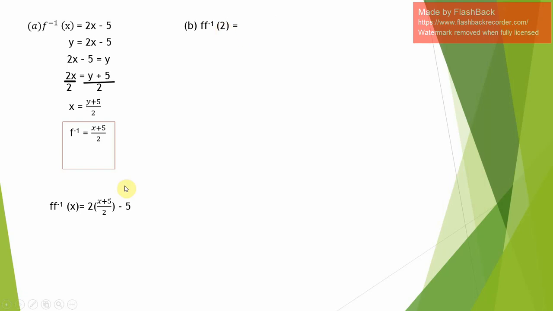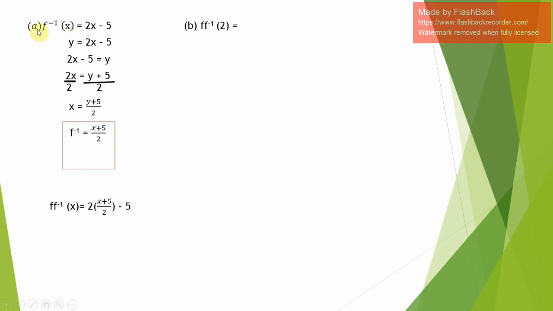Now, where has this come from? I've just combined the two functions. If I exclude this f inverse, we only remain with f, which means we're having something like f of x. Now, which one is the function of f of x?